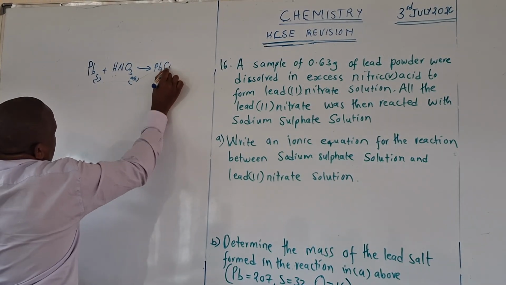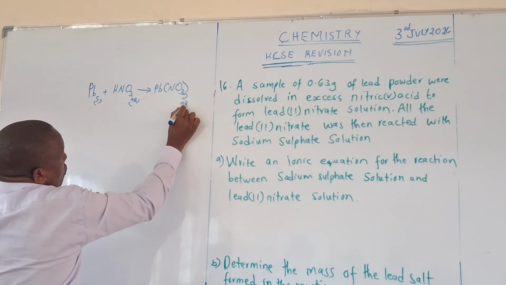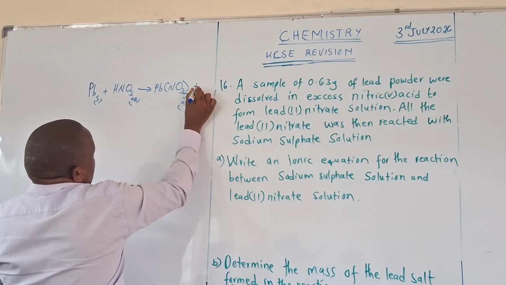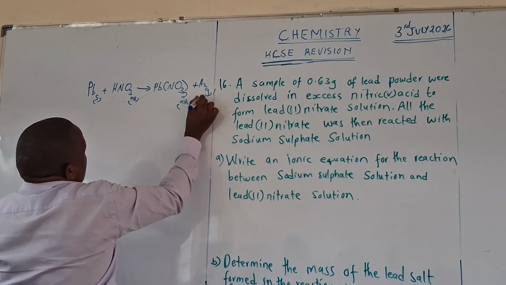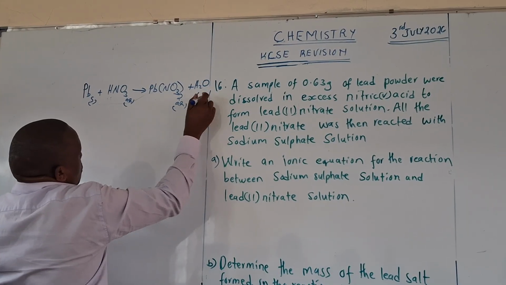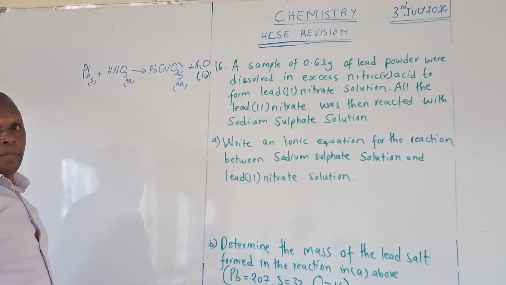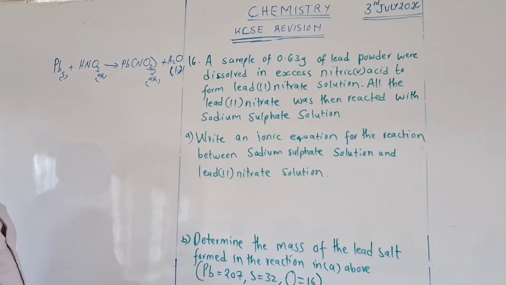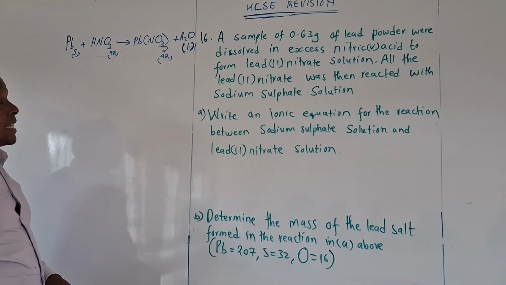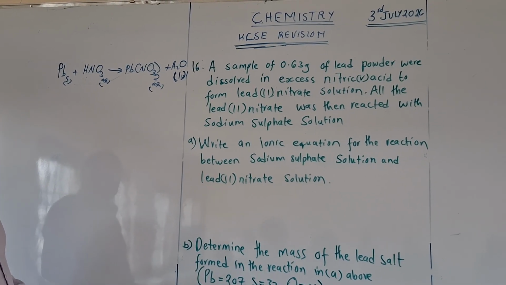Lead 2 nitrate, a solution, plus hydrogen, plus water, liquid. Why is it forming water? Because nitric 5 acid is a strong oxidizing agent and it oxidizes any hydrogen that is formed to water.